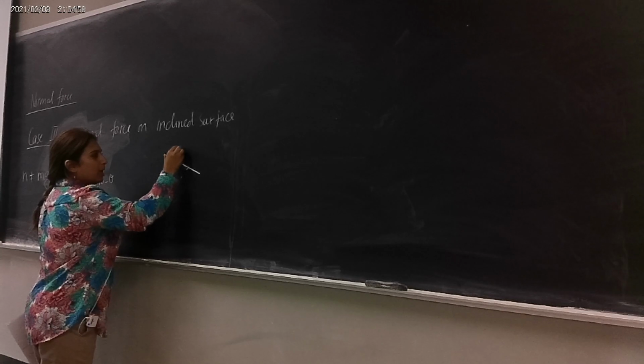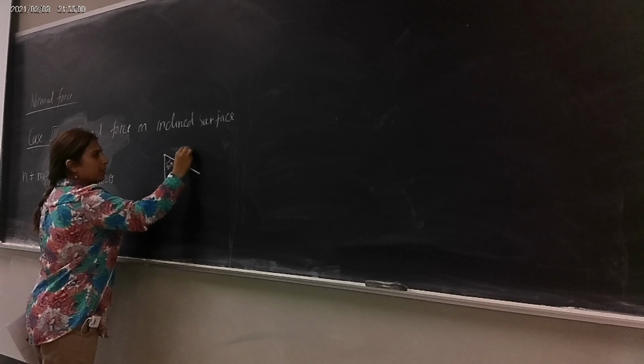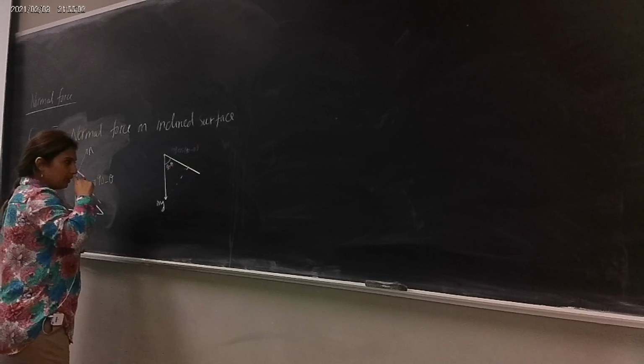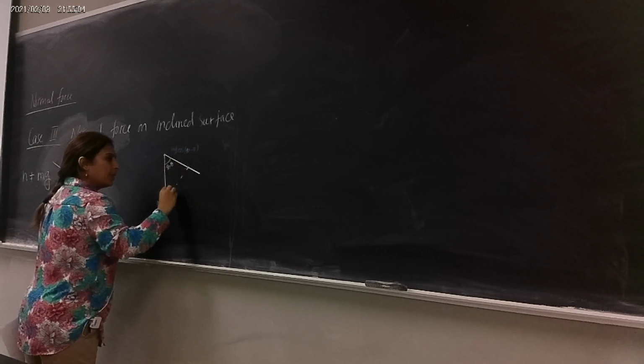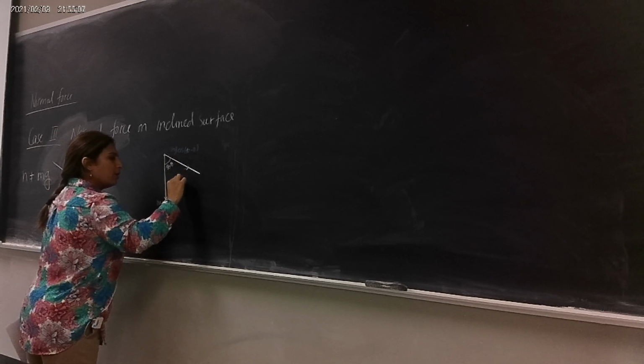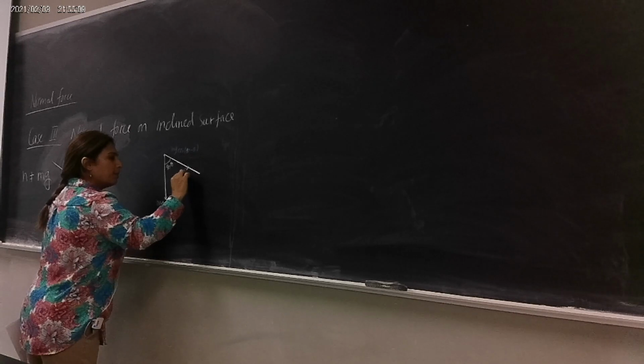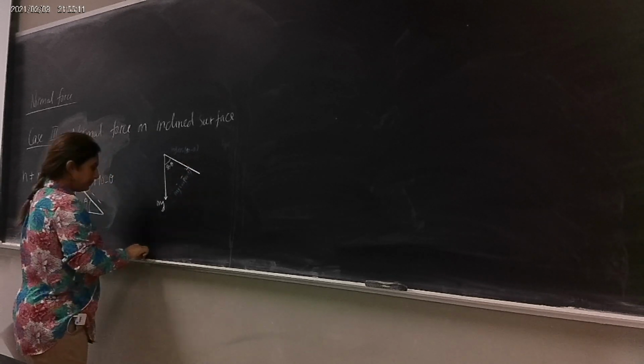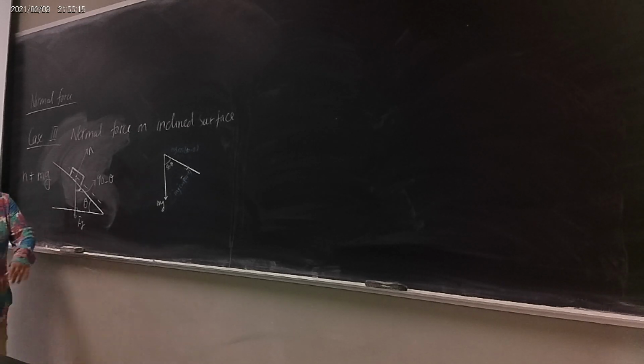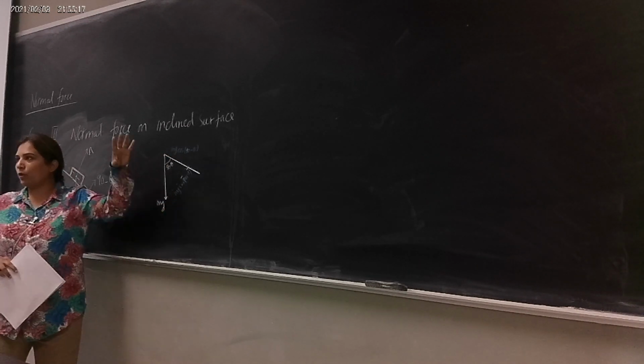mg cosine of 90 minus theta is equal to, here, mg sine of 90 minus theta. Right? Horizontal component is cosine, vertical component is sine. This whole thing is upside down.